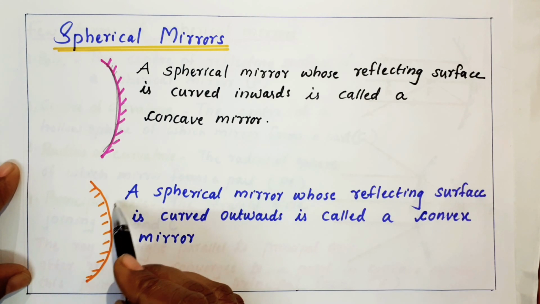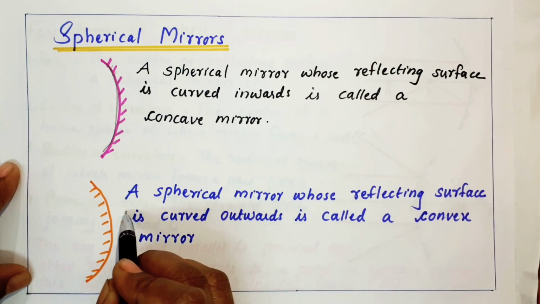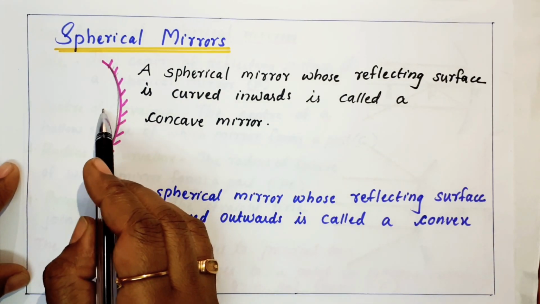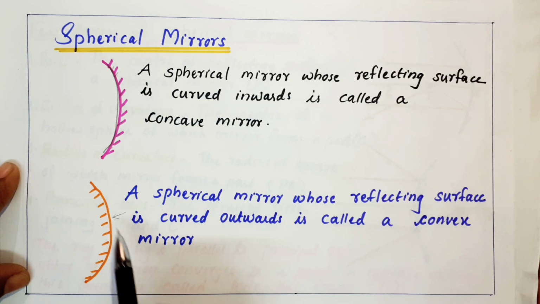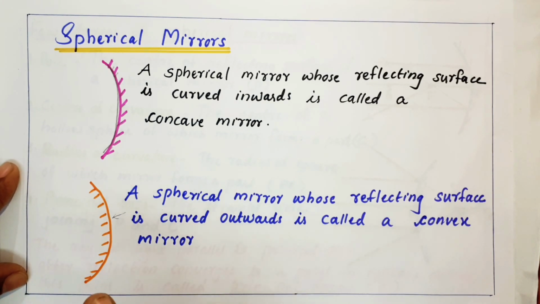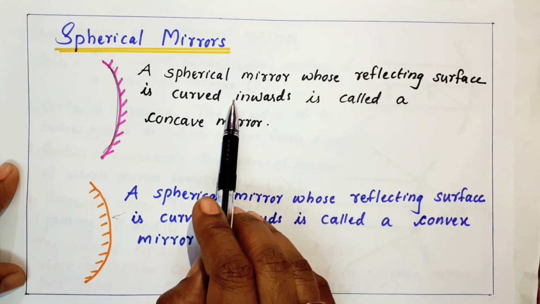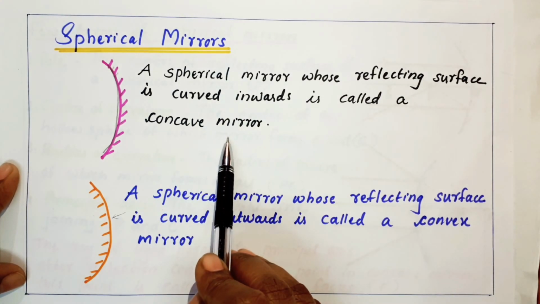Here the light is falling on the bulged surface. So if the light is falling on the bulged or curved outwards surface, it is called by the name convex mirror. Curved inwards is called by the name concave mirror.